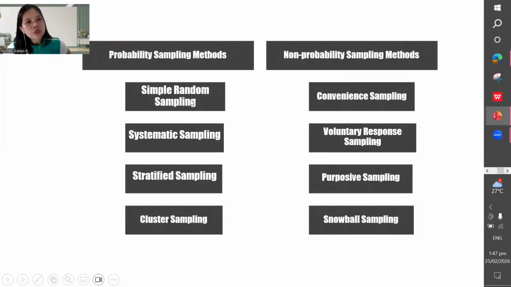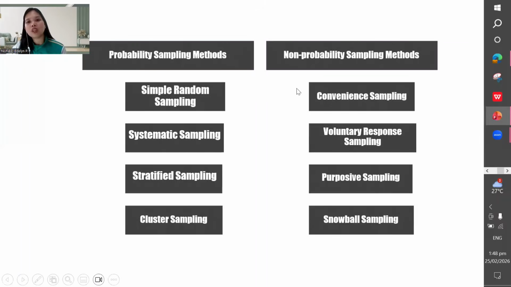So examples for probability sampling, we have here the simple random sampling, systematic random sampling, stratified random sampling, and cluster random sampling. So all of these are random. That's why it is called probability sampling methods because of the term random. So there's no word random in some names here, but these are actually random also.